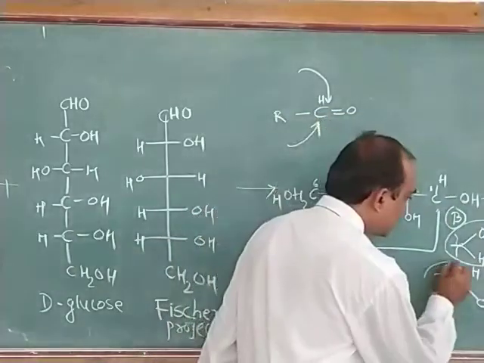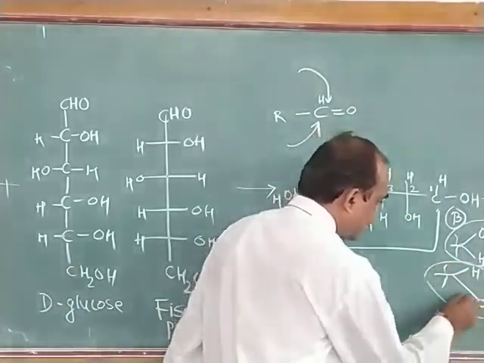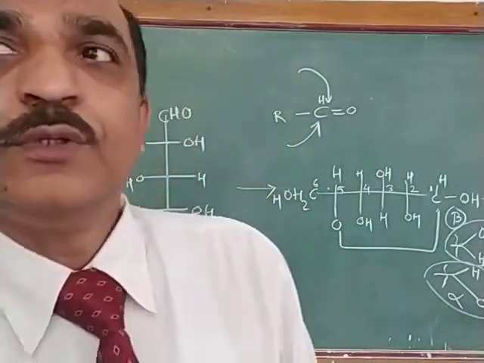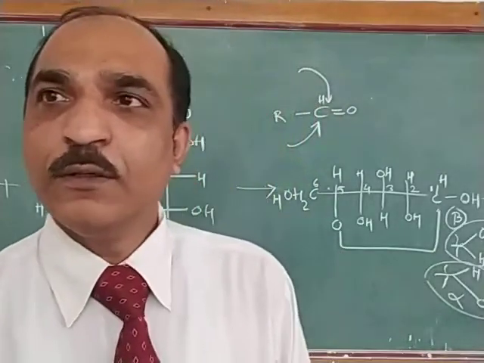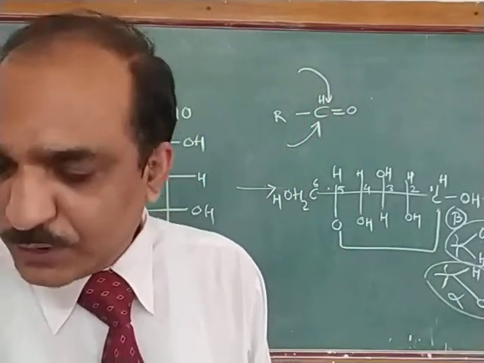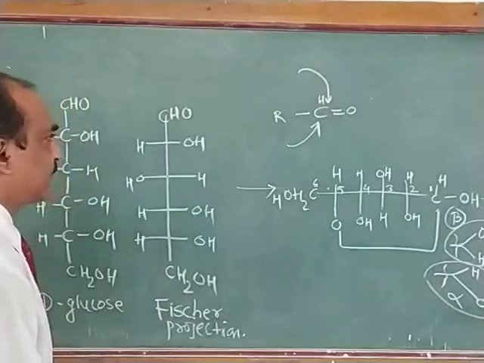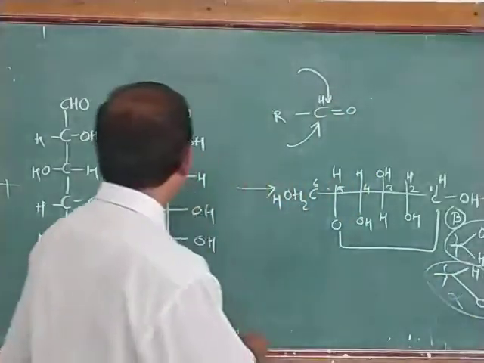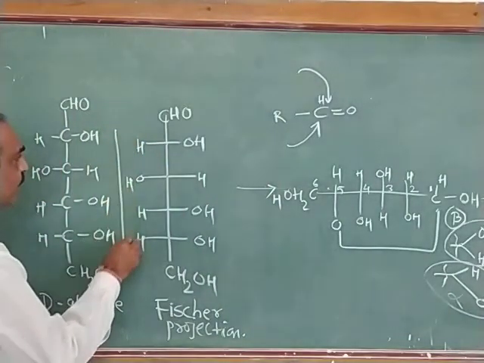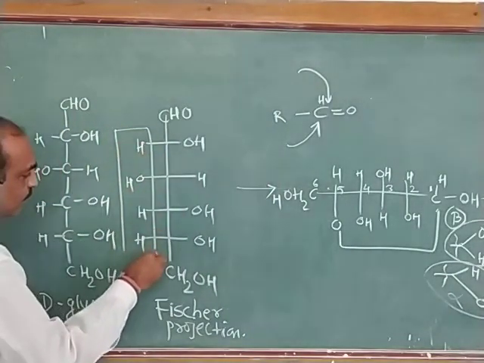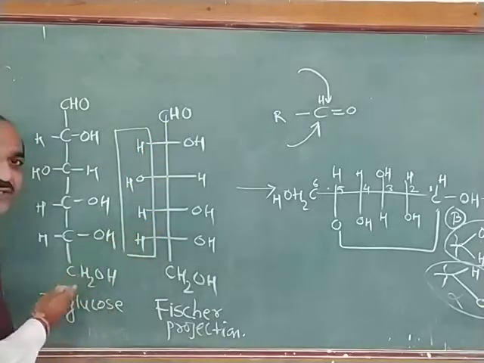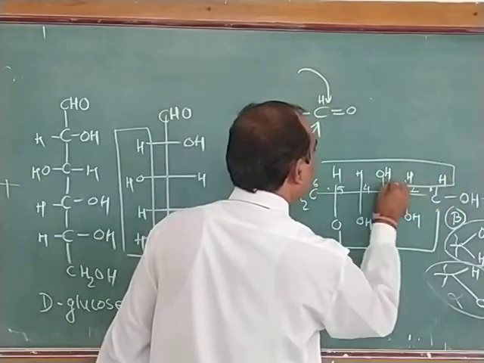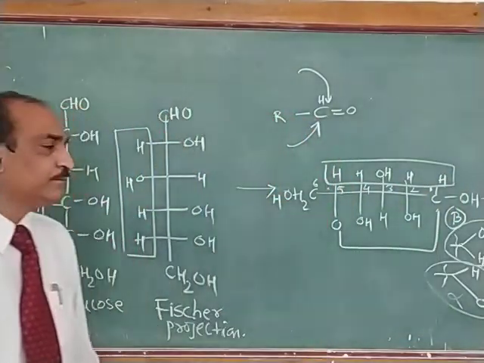If this is on the lower side, it is indicated as alpha. Okay, so this is, then how can we write the cyclic structure? One more important thing I forgot to mention here: whatever is present on the left side of this structure is coming up on the horizontal structure.